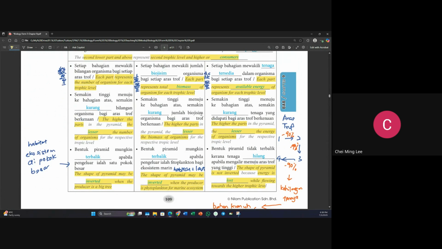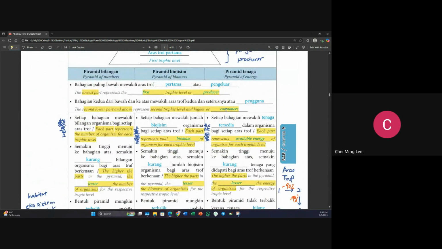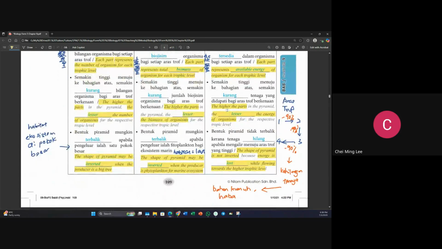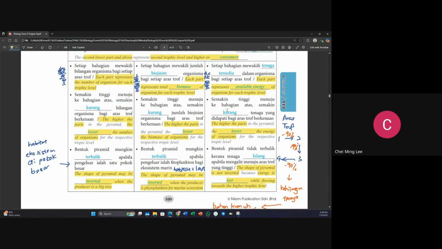Only these three. You know the names: pyramid of number, pyramid of biomass, and pyramid of energy. Okay, can I jot this down? Okay, and wait for what? I want to find my number and discuss something.